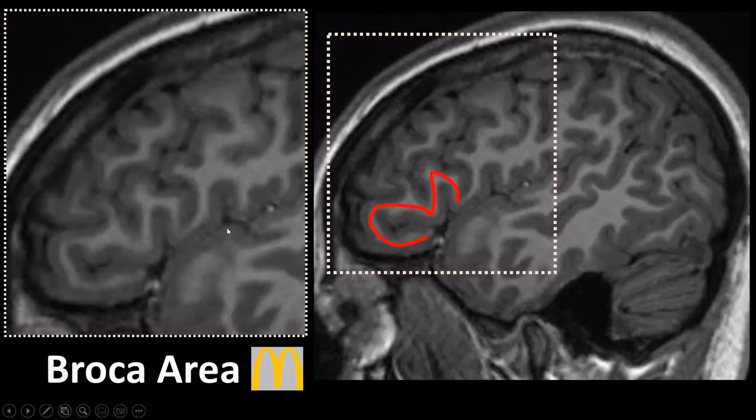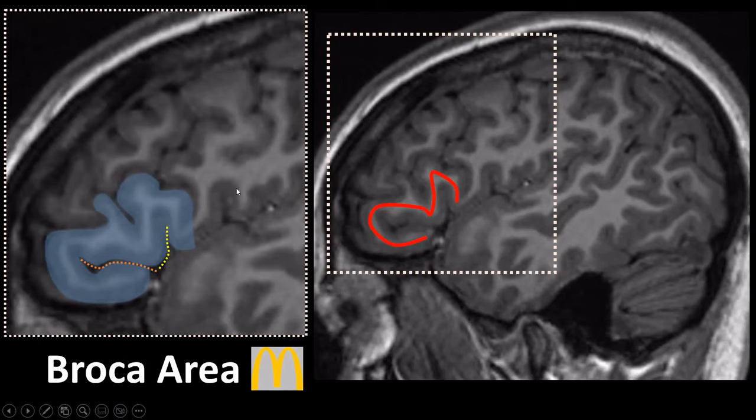Let's magnify the region of the inferior frontal gyrus. This M shape is the consequence of the presence of these extensions of the Sylvian fissure, namely the anterior branch and the ascending branch. Then we have the M-shaped inferior frontal gyrus along these two Sylvian fissure branches.